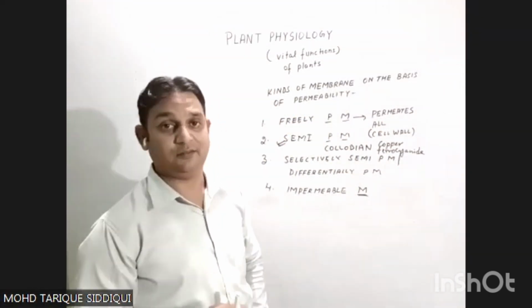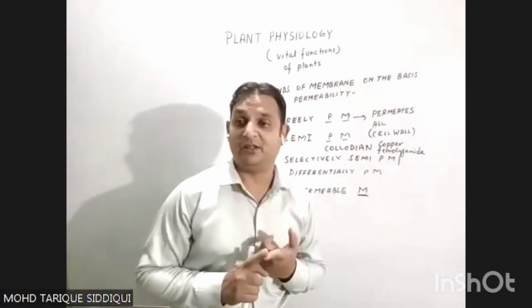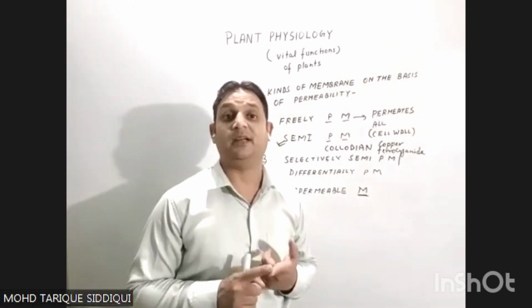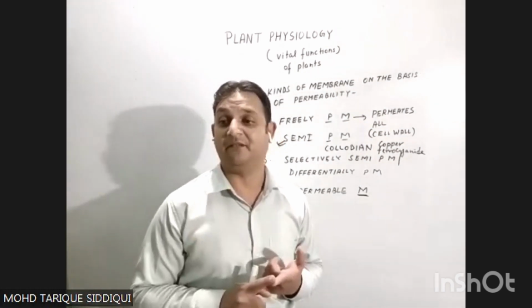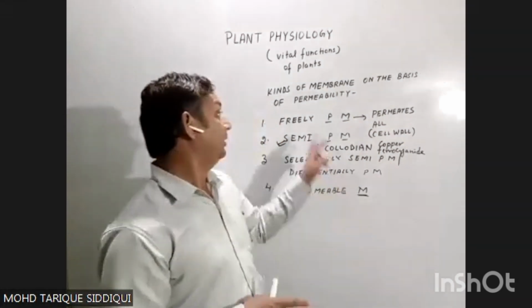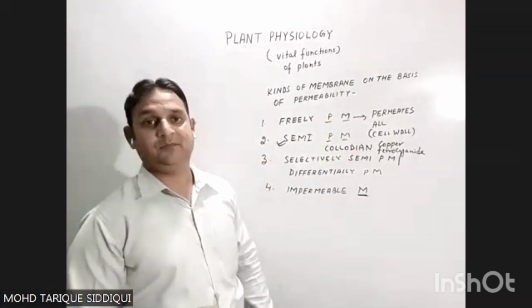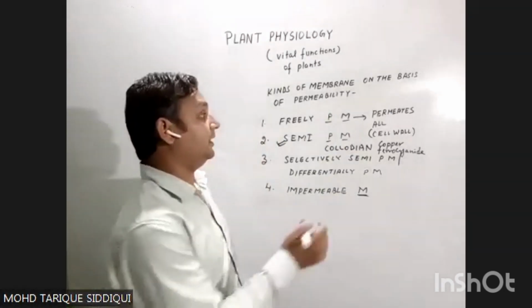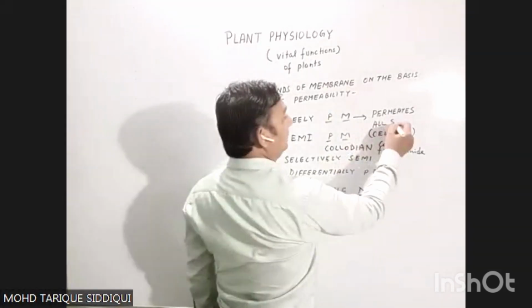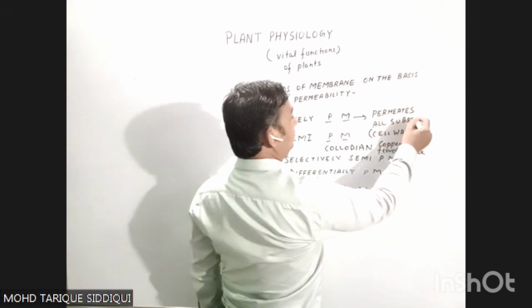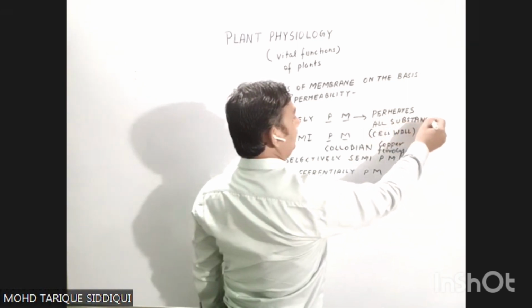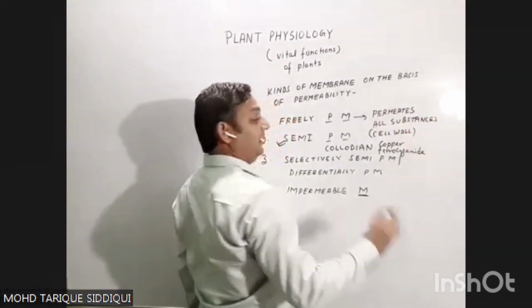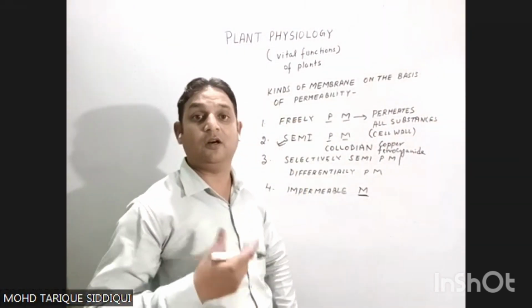All right, the first one. I will tell you just one definition, and you by yourself can learn and write all the four definitions. Let's see how. Freely permeable membrane. It is that membrane which permeates all the substances in and out of the cell, or across the cell.